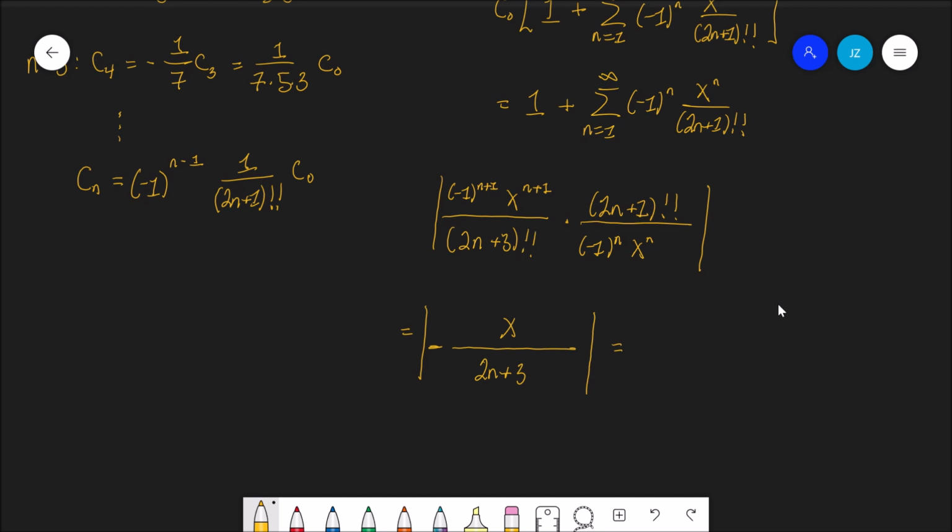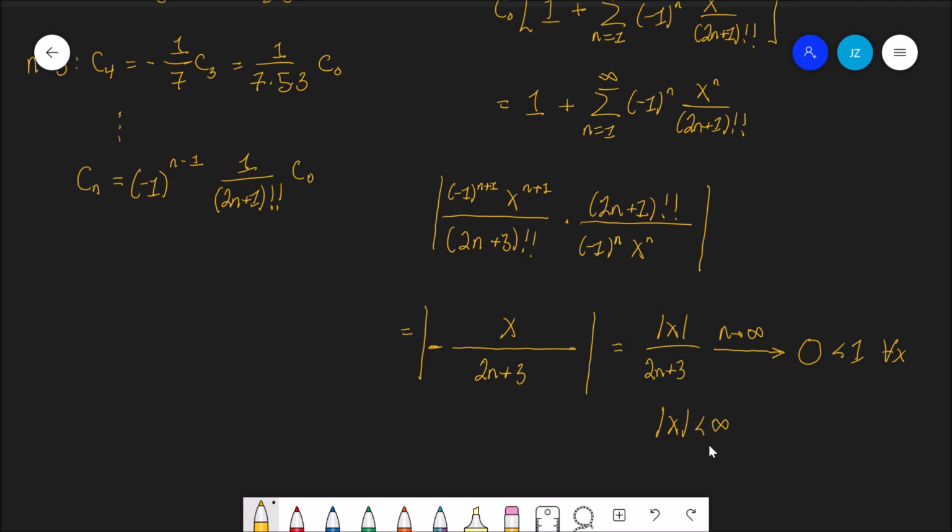So this simply equals the absolute value of x over 2n plus 3. As n goes to infinity, this converges to 0, which is less than 1 for all values of x. So this series converges for absolute value of x less than infinity.